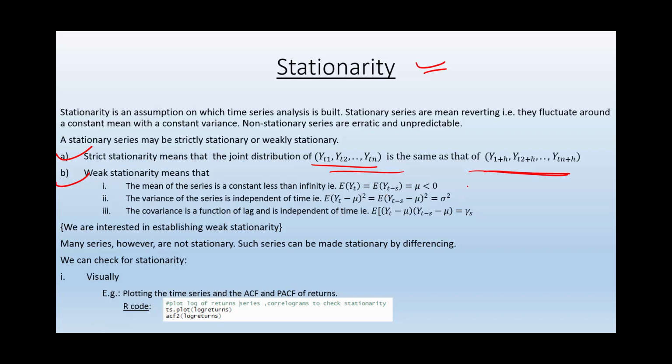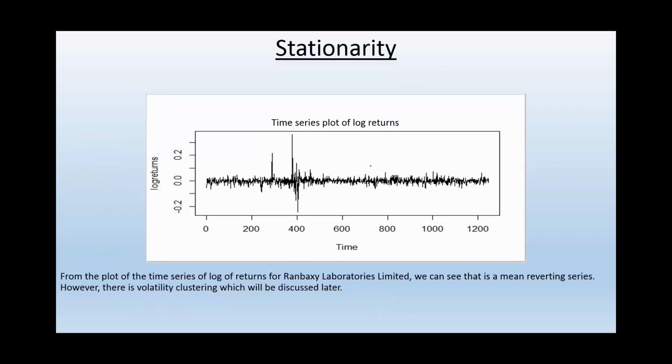That means these criteria should be fulfilled, and you can check by using a statistical test. Just do an ADF test, and you'll get to know whether the series is stationary or not. And then you also find out what the AR and MA terms are using ACF and PACF.